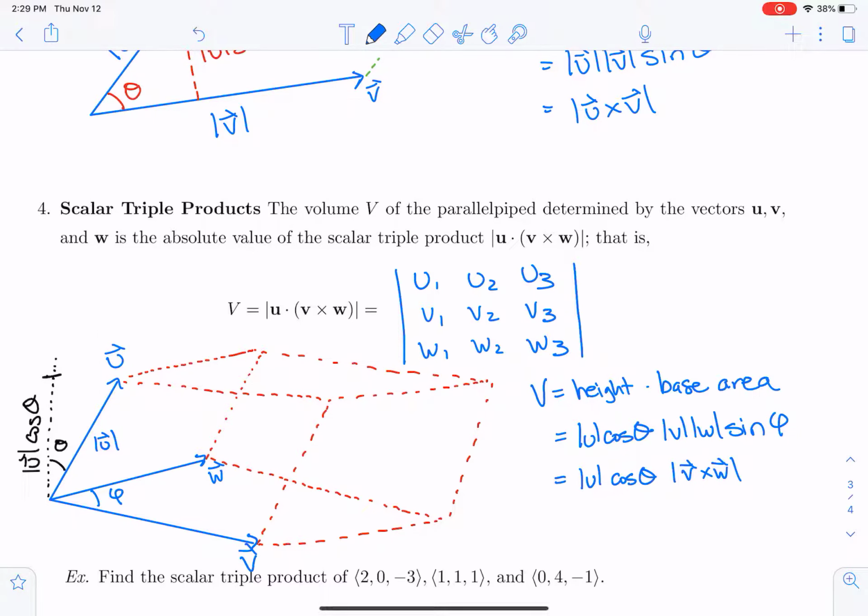And then using our rules for dot products, our interpretation of the dot product, we will see that this is indeed u dot the vector v cross w, because if you do u dot v cross w, you should get the magnitude of u, the magnitude of v cross w, cosine theta.